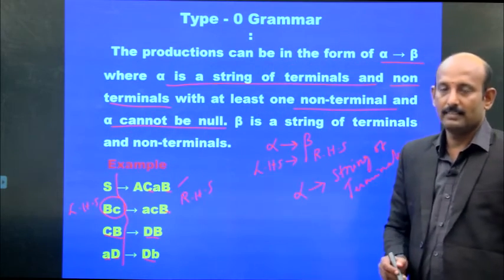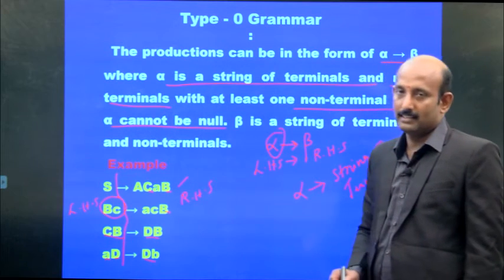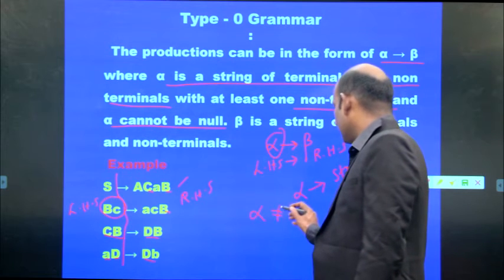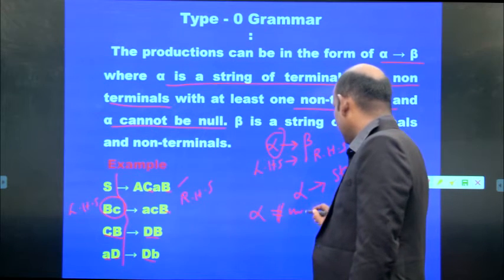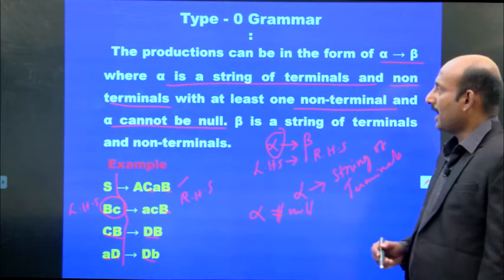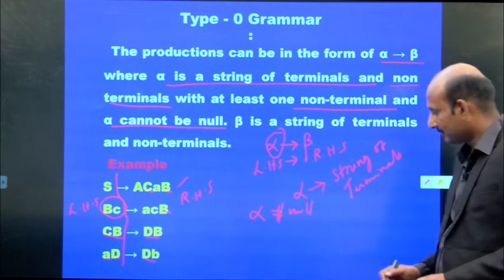That is very important. So this is the type 0 grammar, with productions in a form like that.